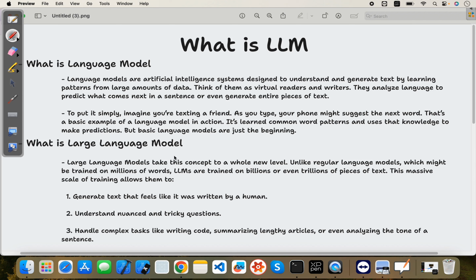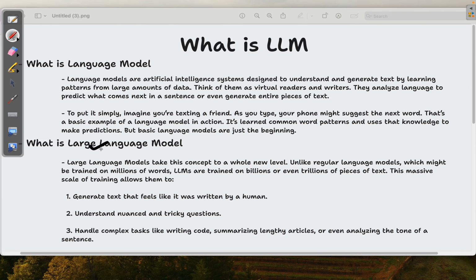So now let's come to what is a large language model, right? What is so large in that? First thing, they are trained on a very large data set, right? If you consider language models, they are trained on millions of words, but LLMs are trained on billions or even trillions of pieces of text, right? They are basically crawling Wikipedia data or open data on the web, and they train on that data.